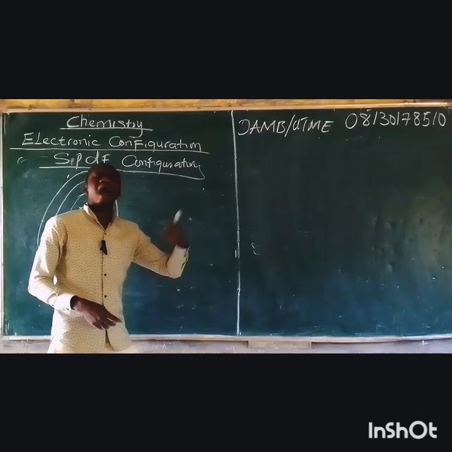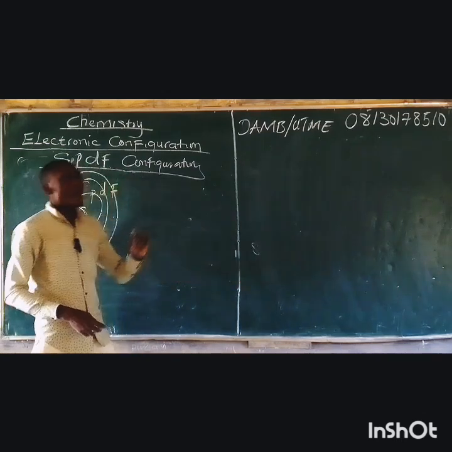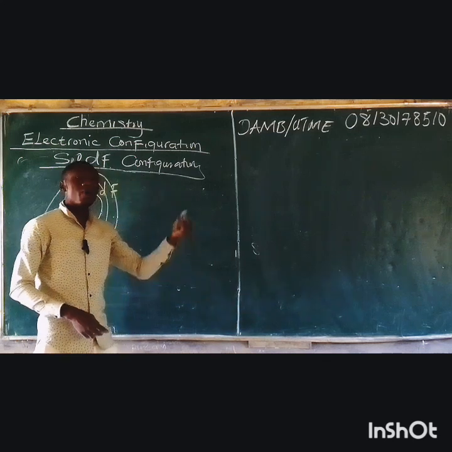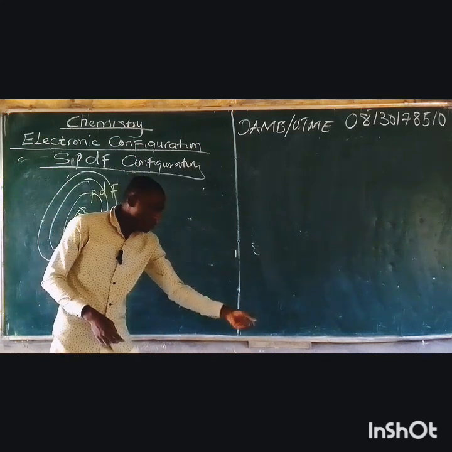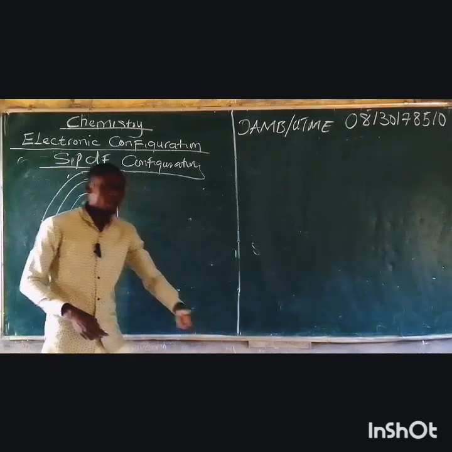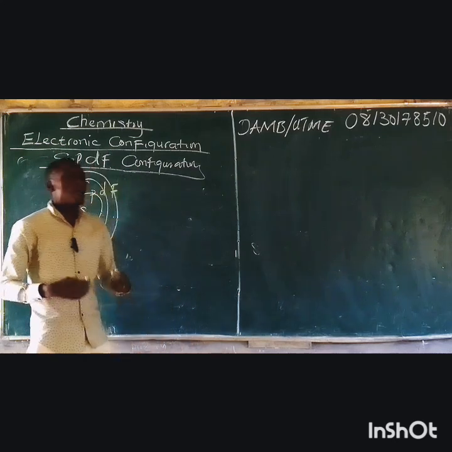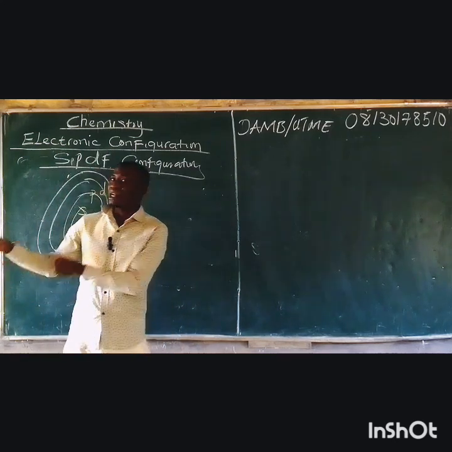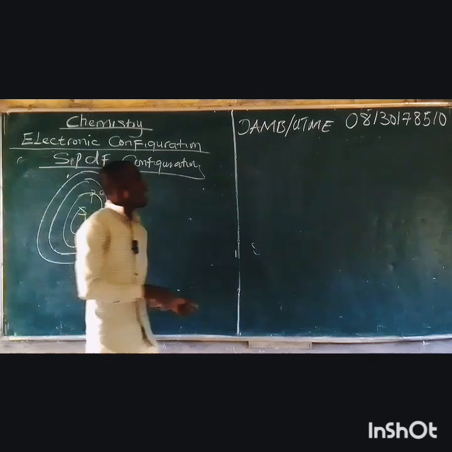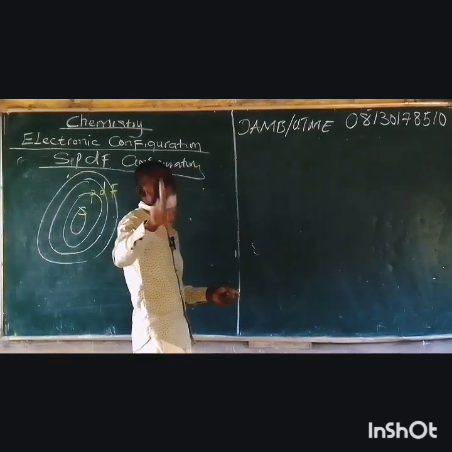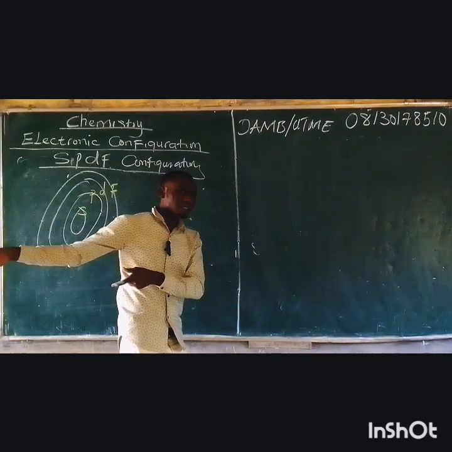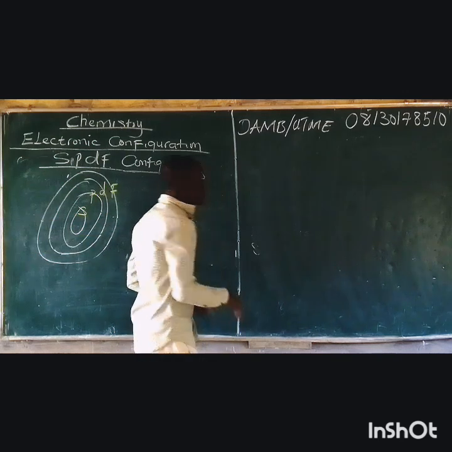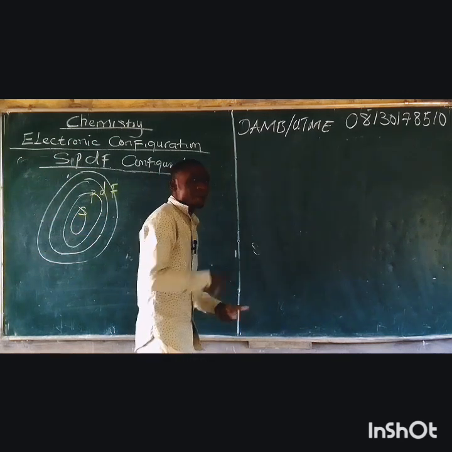And then we have the azimuthal quantum number. In the quantum numbers, we have four of them: the principal quantum number, the azimuthal quantum number, the magnetic quantum number, and the spin quantum number. The principal quantum number shows the distance of the electron from the nucleus, and this is known as the KLMNO.